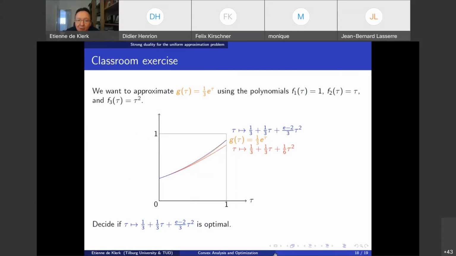So just to get back to our original example. We said that the blue approximation is better than the red one, but how can we try to decide using duality theory if this is optimal? So let's try to understand if this blue function is actually optimal by using duality theory.